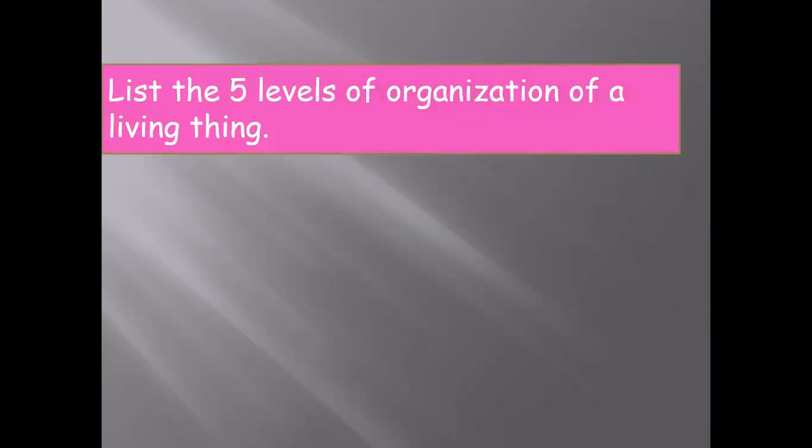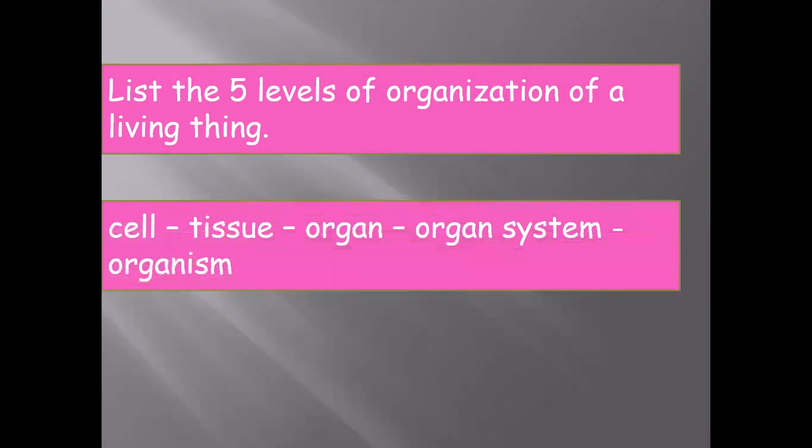First question as a revision: list the 5 levels of organization of a living thing. As we mentioned in the previous video, there are 5 levels of organization in a living thing or in an organism. These 5 levels of organization are as follows: cell, tissue, organ, system, organism. A group of similar cells performing a similar function makes a tissue.